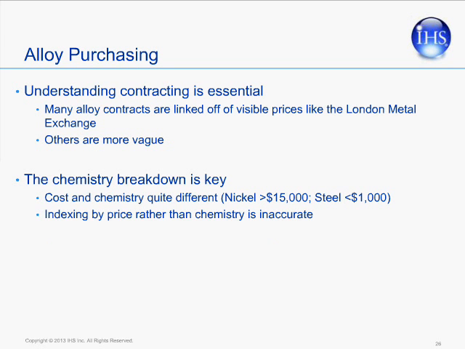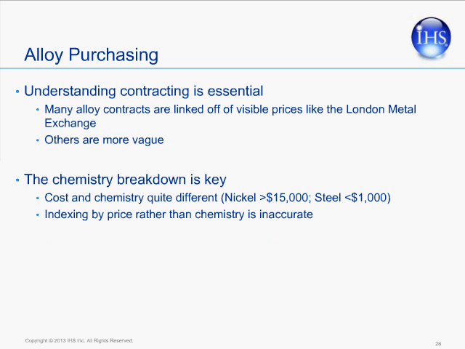Like we mentioned, the London Metal Exchange has these market clearing prices for many materials. But other contracts are a little more vague, and you don't always get the opportunity to link off of those public prices when you're buying something like a ferrochrome alloy or a ferrosilicon alloy. So understanding exactly what mechanisms are guiding your price is extremely important.